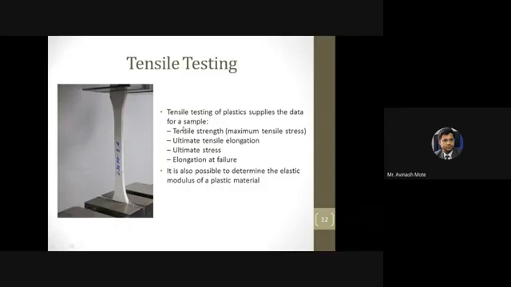For calculation purposes, you are using force per unit area. Applied force divided by the area over which that force is applied, that is stress. But the definition or the concept of stress is that it is internal resisting force per unit area.